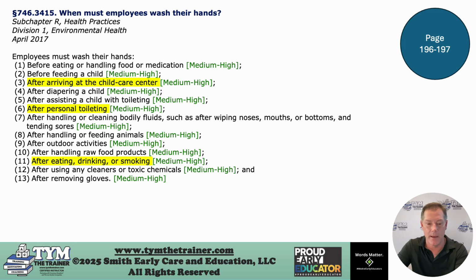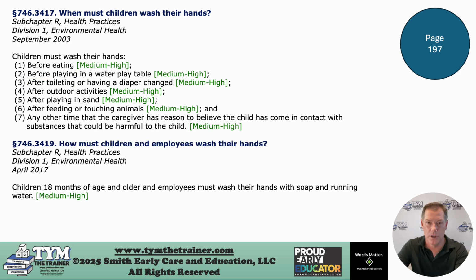the most commonly missed. For children, there are 7 different times that children must wash their hands. So before eating, before playing in a water table, after toileting or having their diaper changed, after outdoor activities, after playing in the sand, after feeding or touching animals, and in any other time the caregiver has a reason to believe that the child has come into contact with something harmful.